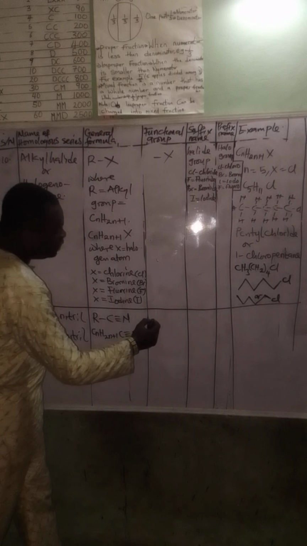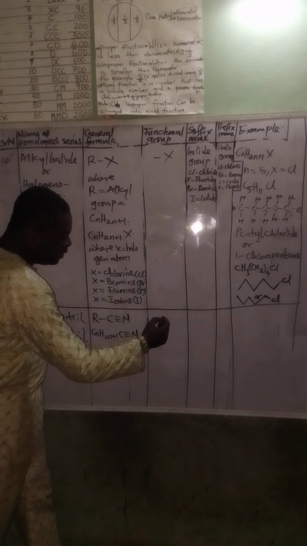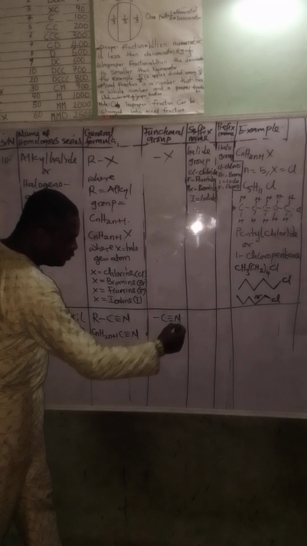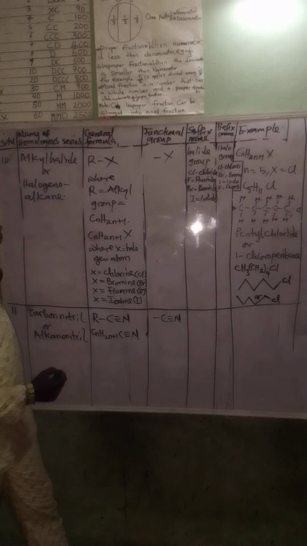So the functional group is going to be C triple bonded to nitrogen.